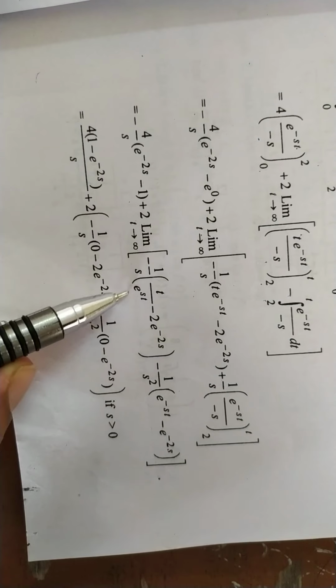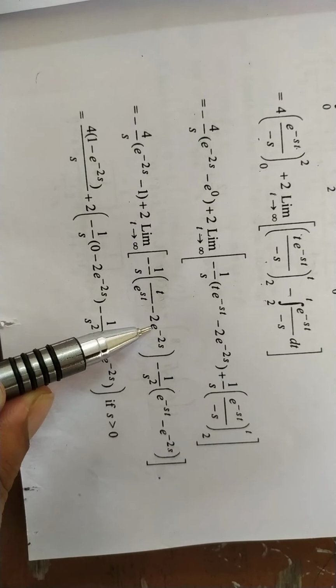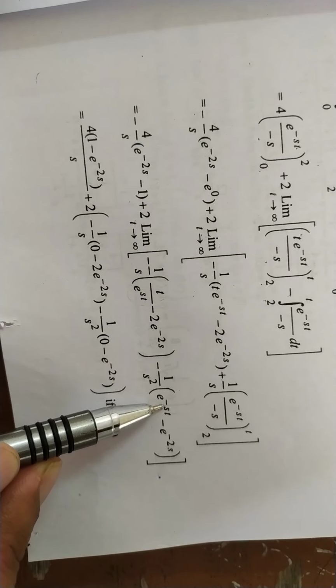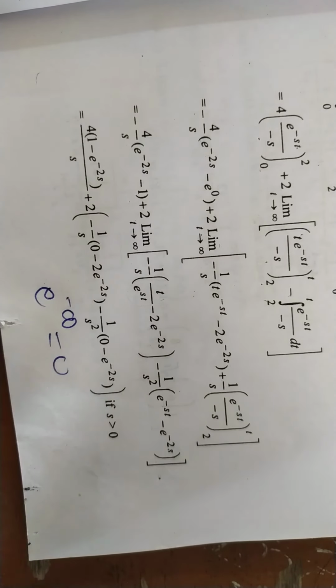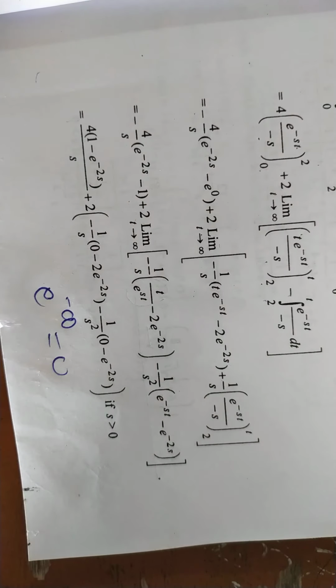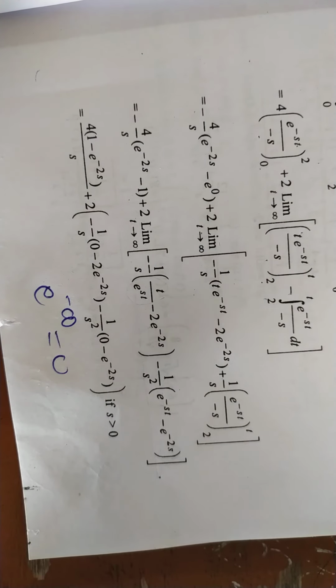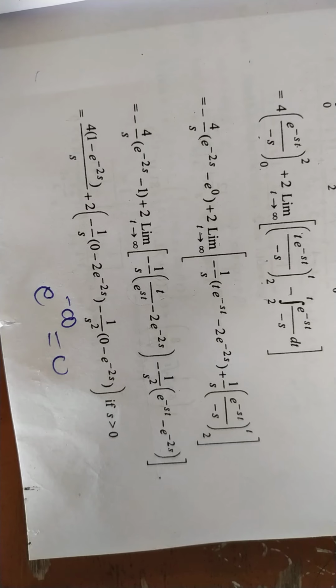So this term becomes 0, this term remains, and this term also becomes 0, because e raised to minus infinity is 0. On simplification you get this answer. Basically in definition you just have to do an integration problem. You first apply the formula, then solve the problem using integration.